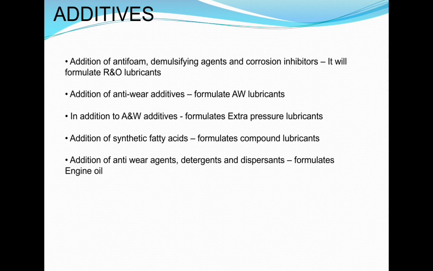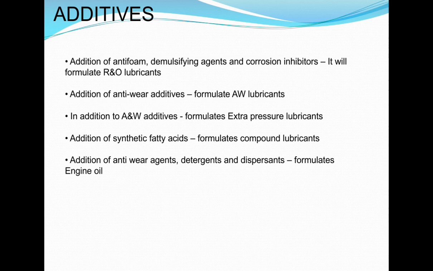If we see the detergent, then detergents are insoluble metallic salts like calcium or magnesium carbonate in oil. The main basic function of this detergent is to make the oil alkaline. Why is it required? If the oil is alkaline, then it has the capacity to neutralize the corrosive acids formed during the oil circulation or oil filtration process.